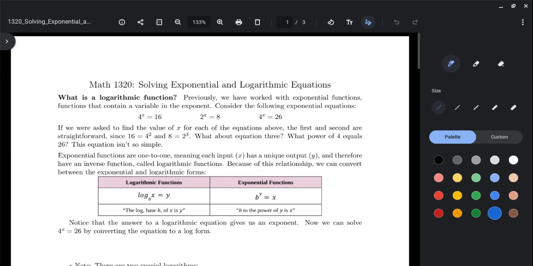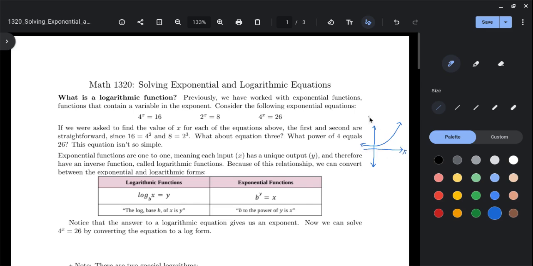And so that is one reason that we're going to start talking about logarithmic functions, because exponential functions have this special property where they are one-to-one, which means that if you look at a graph of an exponential function, let me just draw one for you really quickly. So here is an example of an exponential equation.